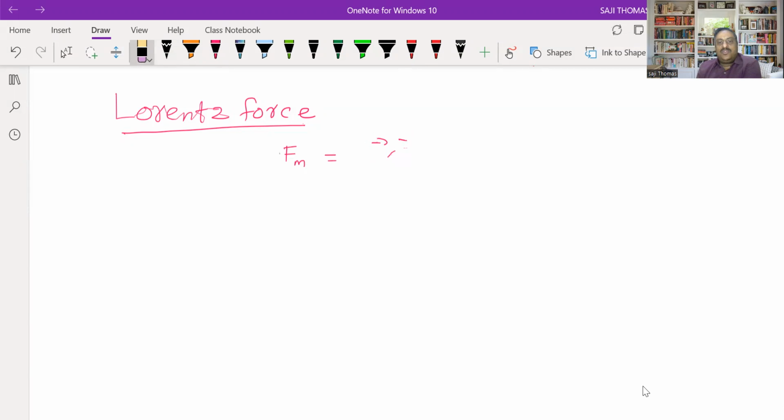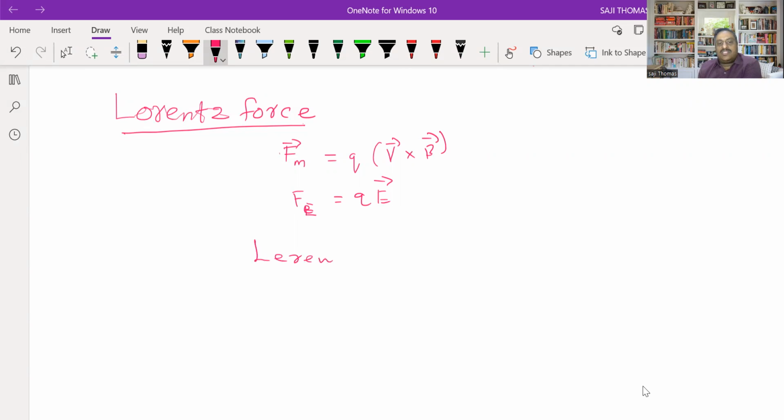And what is the force due to the electric field? If you apply an electric field, the force due to the electric field, Fe, is q into E. So the sum of these forces is known as Lorentz force.